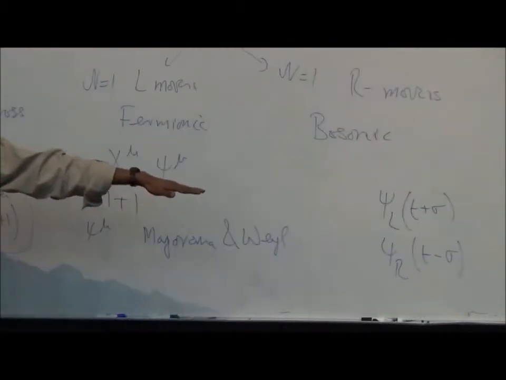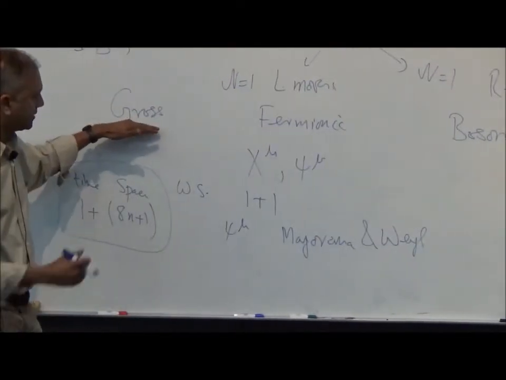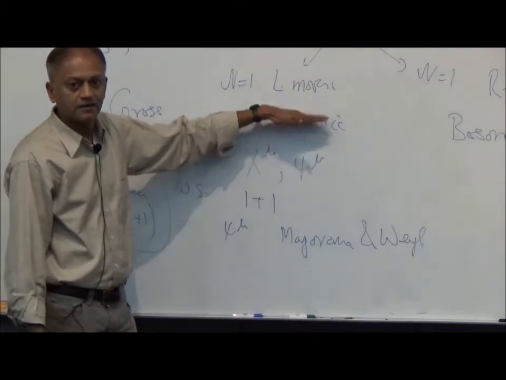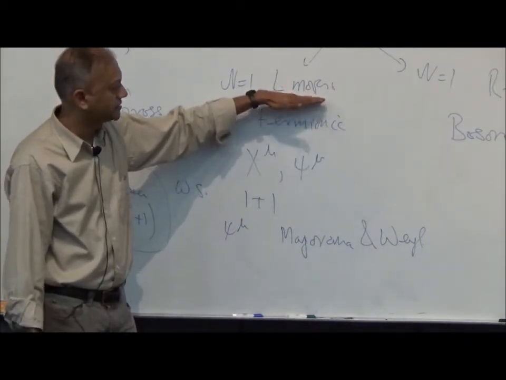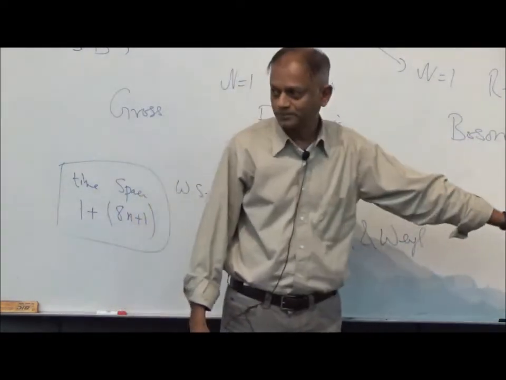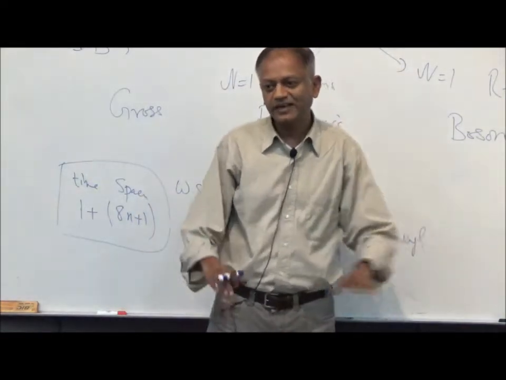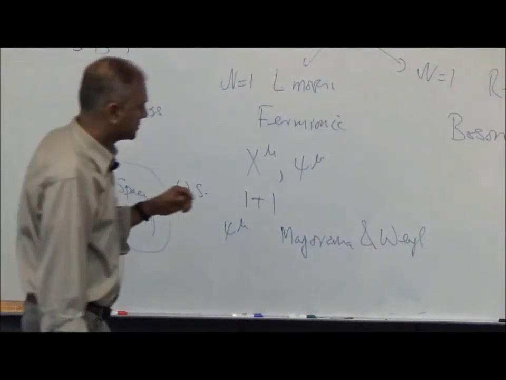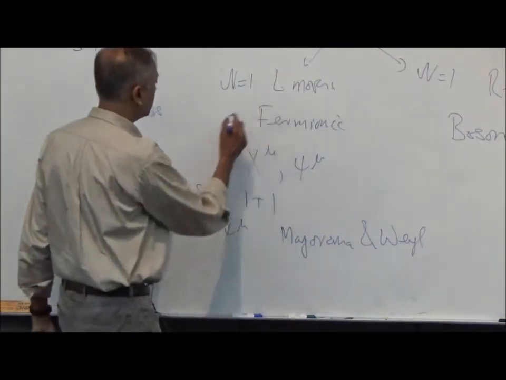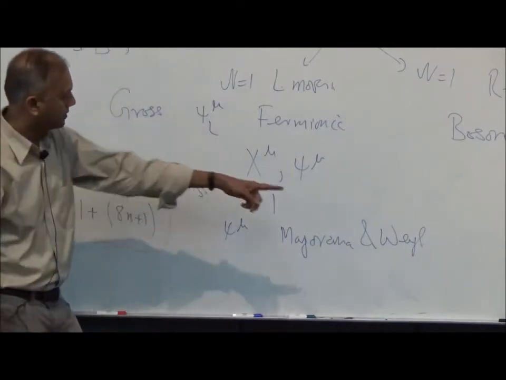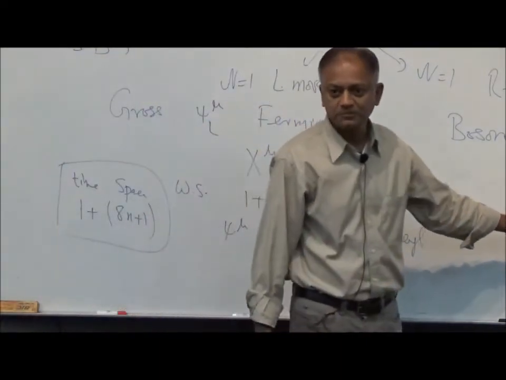If this was not true, the conjecture that Gross et al. were making, that we take the fermionic string in the left moving sector and the bosonic string in the right moving sector, would not have made sense. So the very basic requirement is met already, the first step. So this is fine: you just choose your fermions psi left mu, and they are all left movers. They are only functions of t plus sigma.